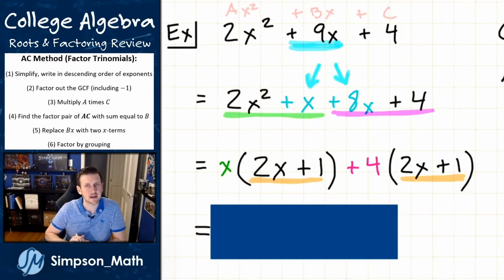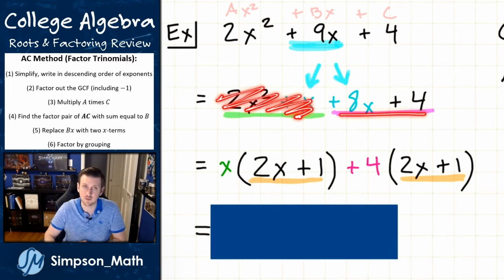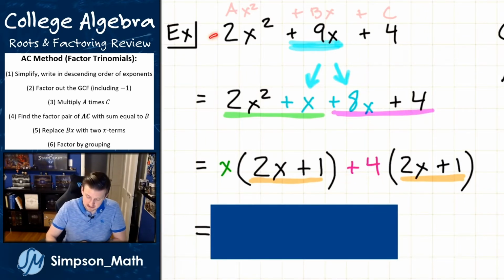Now, in order for factor by grouping to work, this one over here better also be a 2x plus 1. So we have this. So what's the GCF of these two? I'm not worrying about the first two anymore. So 8x plus 4. Well, the GCF of those two is a plus 4. This is an expression. These all are leading together.